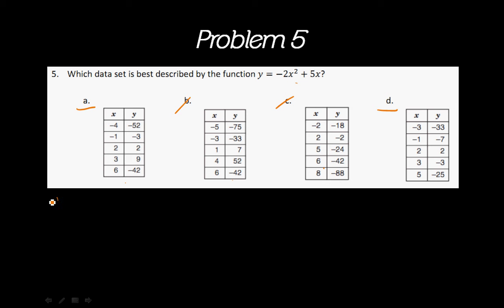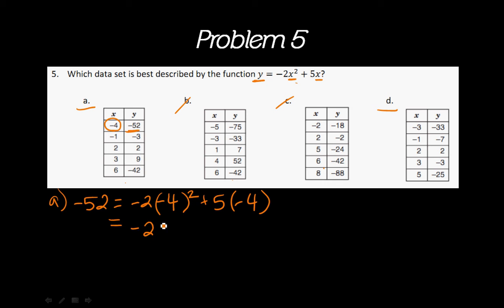So on A, if I plug in a negative 52 in place of the y there, and we have negative 2 times x is 4, negative 4, sorry, and again negative 4. So I've just plugged in negative 4 for both of these. I made sure to use parentheses before plugging in the negative 4. So we have negative 2 times negative 4 times negative 4, which is positive 16.